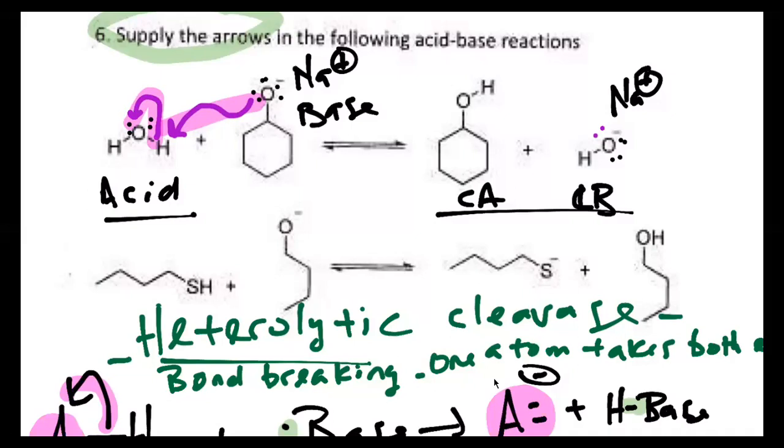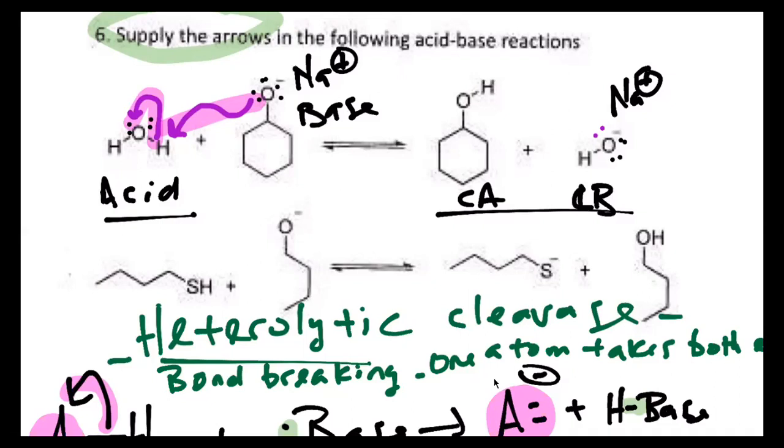It's heterogenic: one atom supplying both electrons to a second atom to make a new bond. And what type of bond cleavage is that between H and O? Heterolytic: one atom is taking both electrons from a bond between two atoms. All right, so that's the mechanism part, the arrow part.